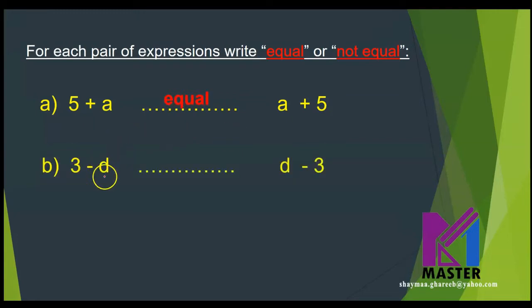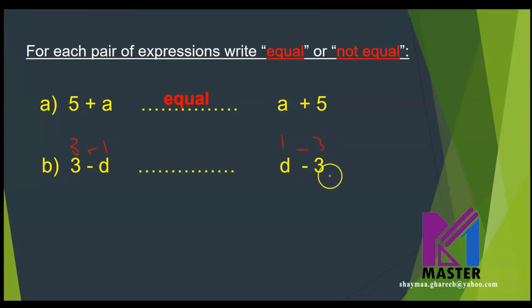Look at the second one. I have subtraction here. 3 minus D, and on the other side, D minus 3. Are they equal? Let's see. If I said 3 minus 1 and 1 minus 3, are they equal?